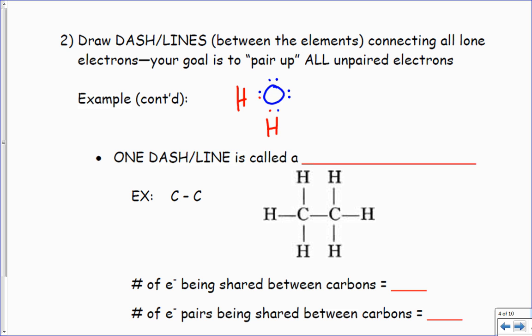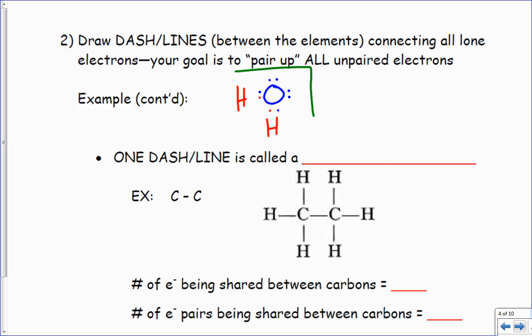Now notice the H's are not on either side. Because if I follow the rules of how I do my original Lewis dot, first 2 together and then 1 at a time around the bus, I'll see oxygen actually ends up with, water ends up with this bent L type of a shape. And it gives water a lot of its properties that make it so very unique. We'll study those properties in future units.